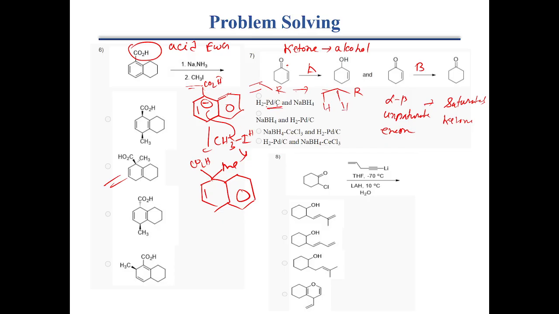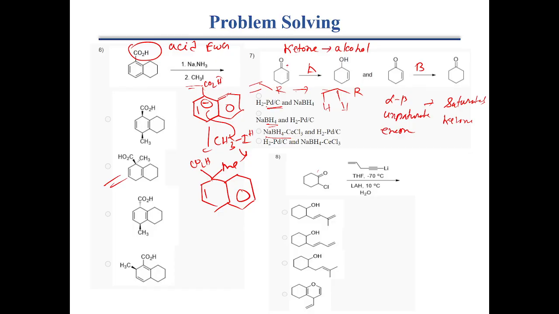So this first does not happen, and sodium borohydride also can reduce the alpha beta unsaturated ketone, but that does not happen here. So this is the sodium borohydride, cerium chloride combination.